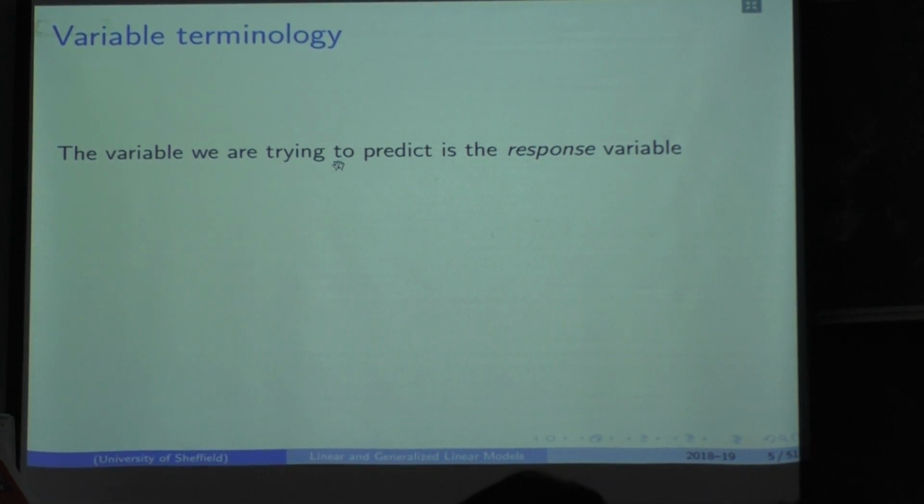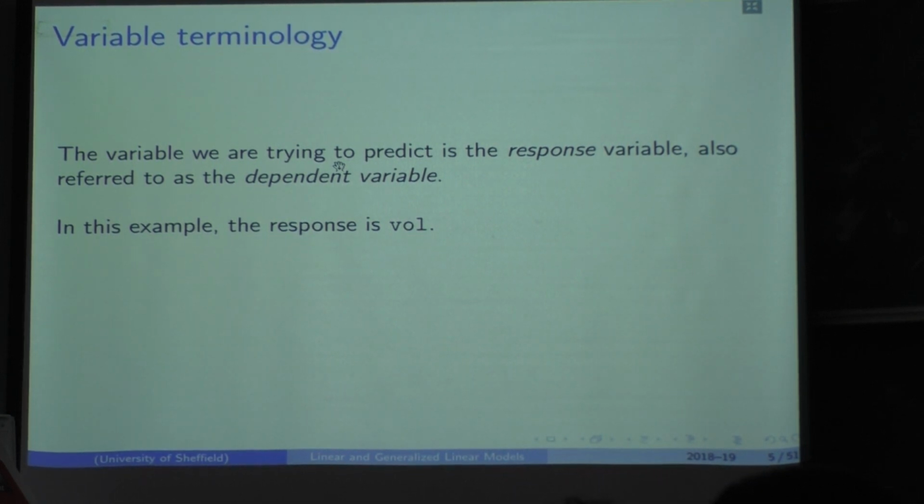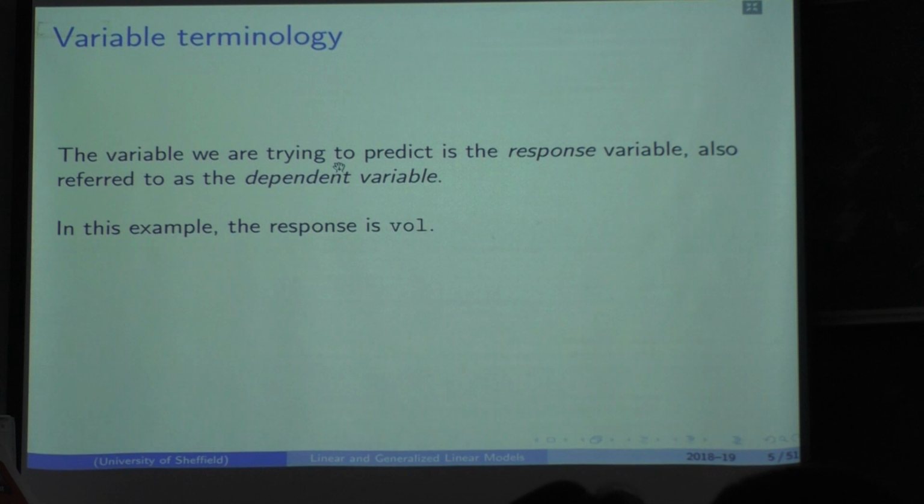There are quite a few different names for things that float around in this subject. So response variable or dependent variable would be common names for the thing we're trying to predict. In this case, the volume variable. Okay, so in this example, the response is that first column vol.